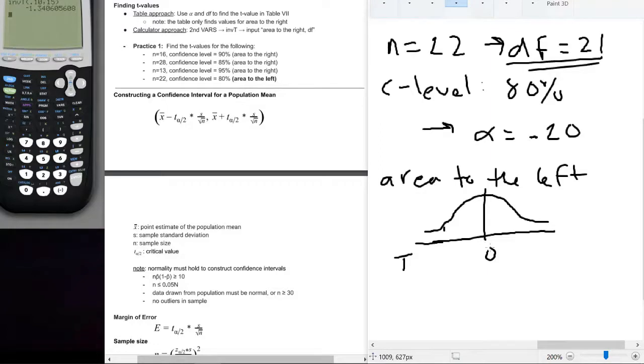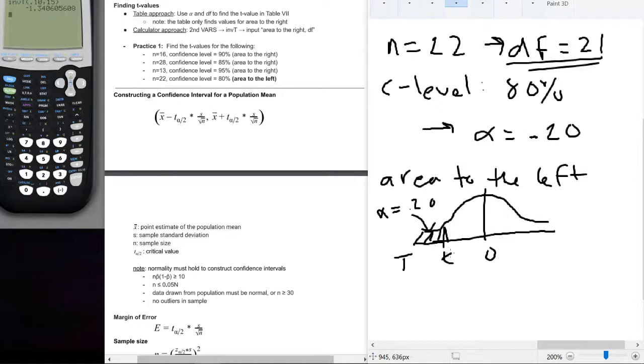Your area to the left, now you have a left-tail distribution, where the left tail has an area of 20%. And if your missing t-bound is here, what should we expect if this is my number line centered at 0? We should expect that missing t-bound to be a negative number, right?